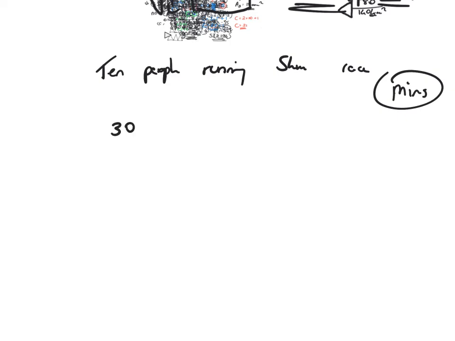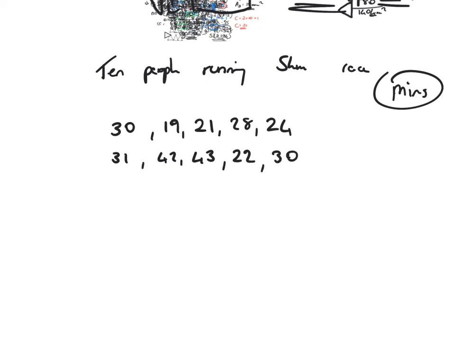So 30 minutes, 19 minutes, 21 minutes, 28, 24, 31, 42, 43, 22, and finally 30 minutes. Okay, the question then asks me to find the mean time and also the range.